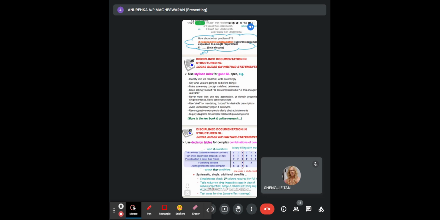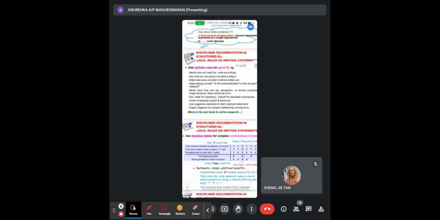Clear? First type done. Okay, the second type now. I guess you are already quite familiar with the second type: disciplined documentation, where you use structured natural language. The same English or same language is used to write the requirements, but now they follow some structure. Like I said just now, 'the system should', 'the system shall'. Then you must make sure you mention whether the requirement is mandatory or optional.